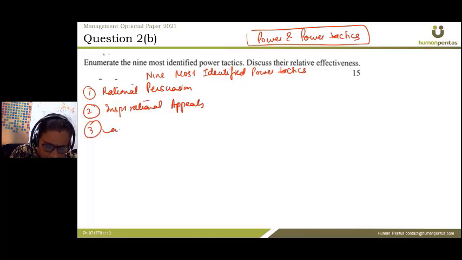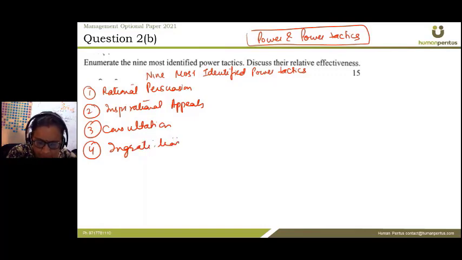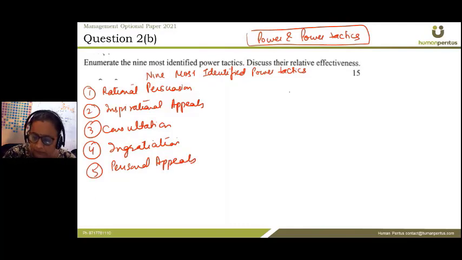Third one is consultation. Fourth one is ingratiation. Fifth one is personal appeals. And sixth one I'm writing here, exchange.